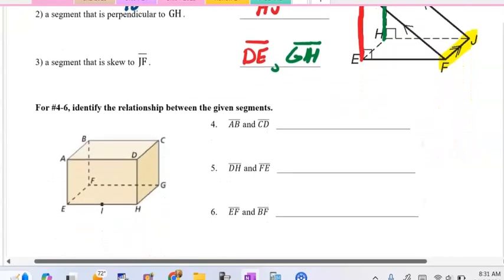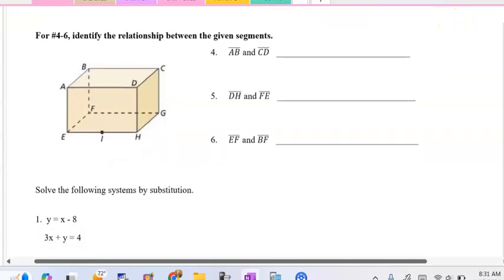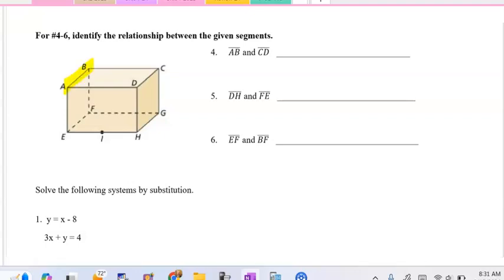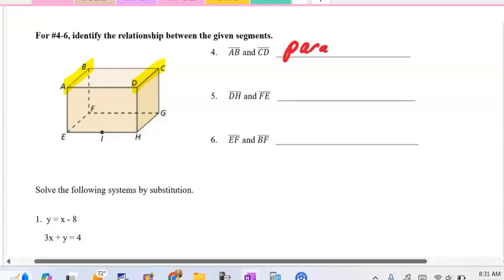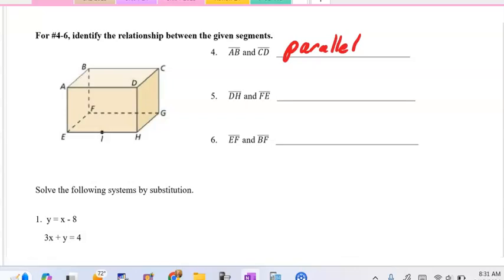Okay, if we scroll up to problem number 4, I'm going to highlight them. So AB here and CD are parallel. Then problem number 5, we have DH highlighted there in yellow and FE in the back there.